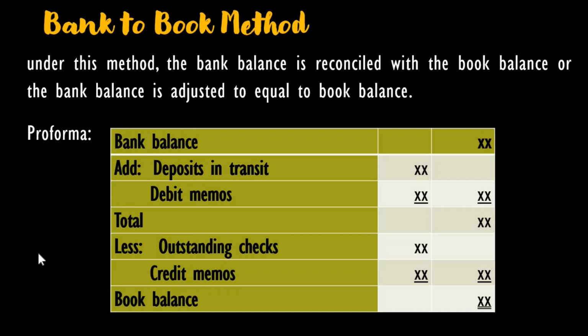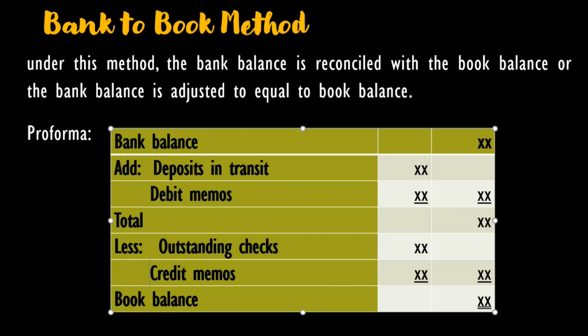Ano yung mga book reconciling items? Unang-una, yung credit memo. Diba usually credit memo, i-add natin yan sa ating book balance. So dito, kasi gusto natin na yung bank balance natin ay mag-reconcile with the book balance, therefore we have to deduct credit memo kasi yung credit memo, na-add na yan siya sa bank balance pero hindi pa nag-reflect dito sa book balance.